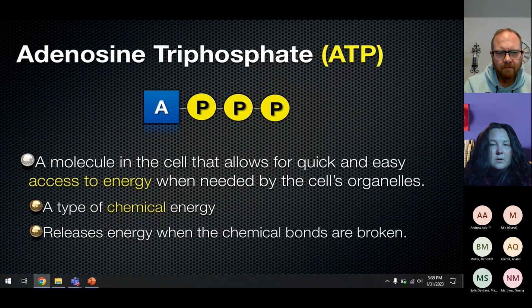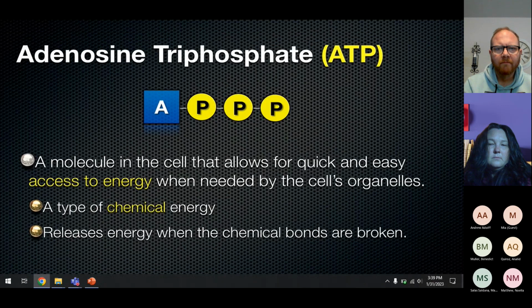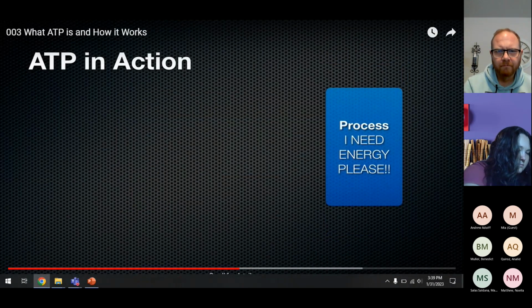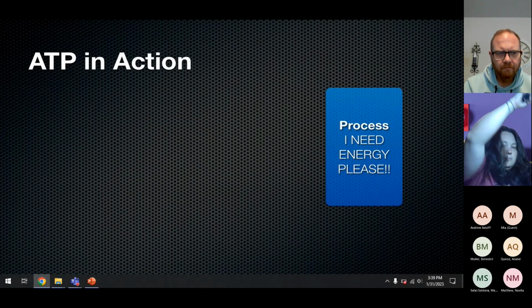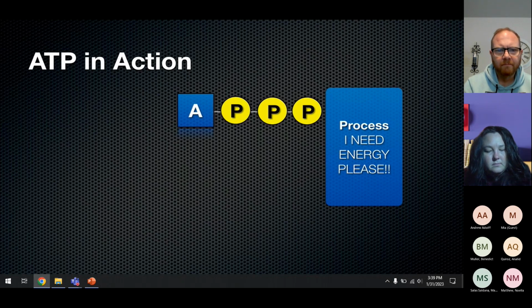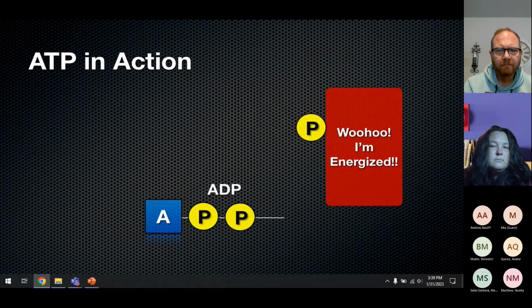Phosphate groups that releases energy. Let's take a look at how exactly this happens in the cell. Here we have a process, and as you can see, it's in desperate need of some energy. Fortunately, there's ATP that comes along, and when that ATP comes to the process, it breaks the bond between 2 phosphate groups and donates 1 phosphate to that process or that protein or whatever it is that needs that energy. When this happens, the process gets the energy that it needs, and it can then do whatever task it needs to accomplish.